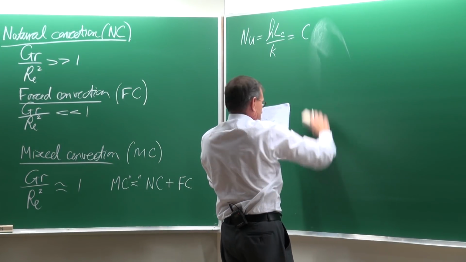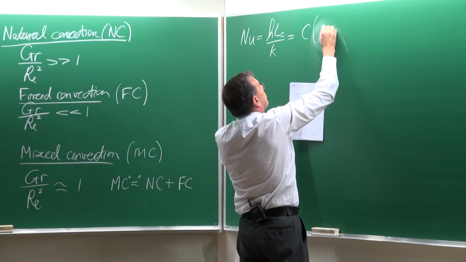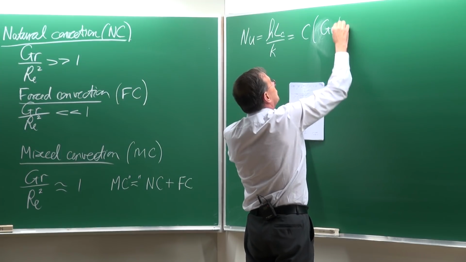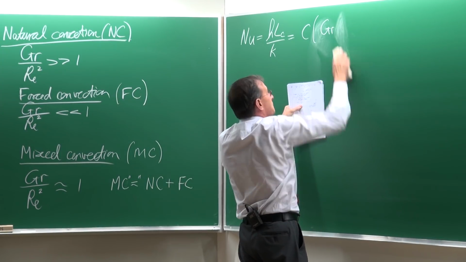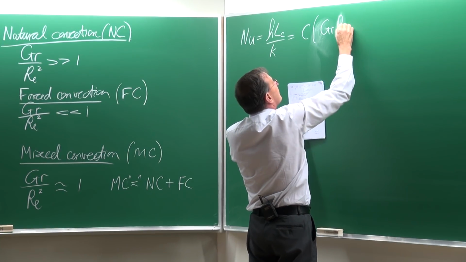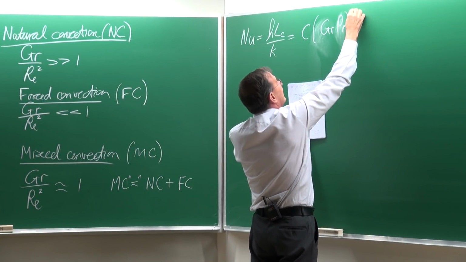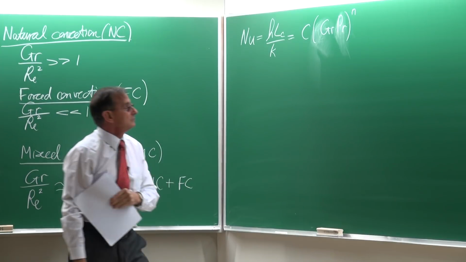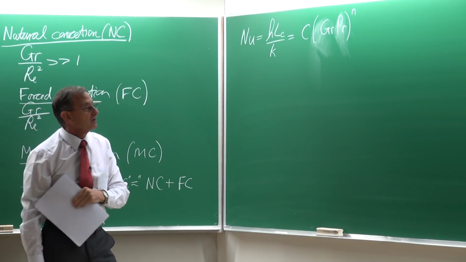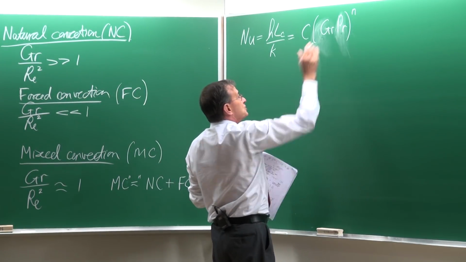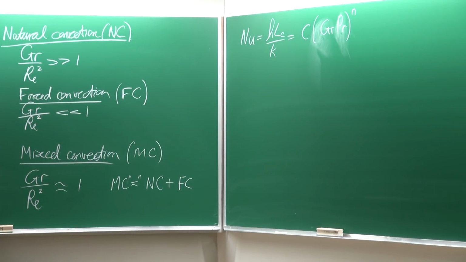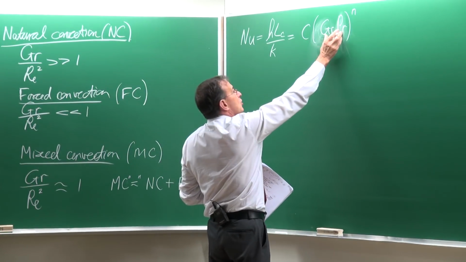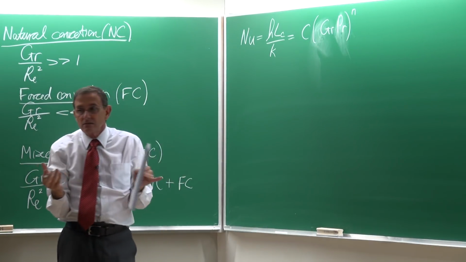not Reynolds number, by Grashof number multiplied by the Prandtl number to the n. Grashof times Prandtl. And because those two terms, with many of the empirical correlations and experiments, usually are next to each other.